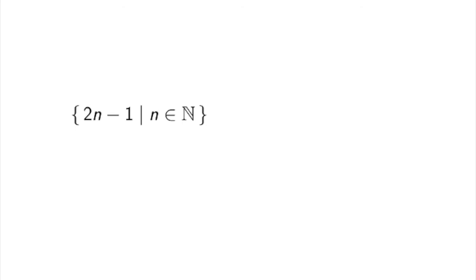Some final examples over here. So when we looked at the set of rational numbers, or Q, we had a sort of weird way of constructing that set. Here is another example. So here we've got this condition over here. So numbers that are in the form of 2n minus 1, such that n is a natural number. So let's actually construct this set. So let's start off with n equals 1.